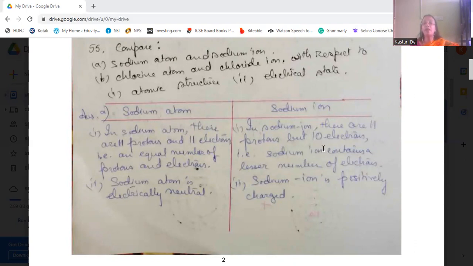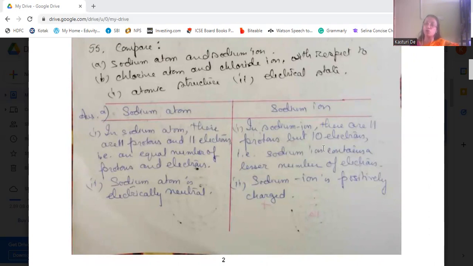Then the sodium atom is electrically neutral because the number of positive charges is equal to the number of negative charges. 11 protons and 11 electrons are there. So positive charge equals negative charge, therefore it will be neutral. But the sodium ion is positively charged because it has 11 protons and 10 electrons.